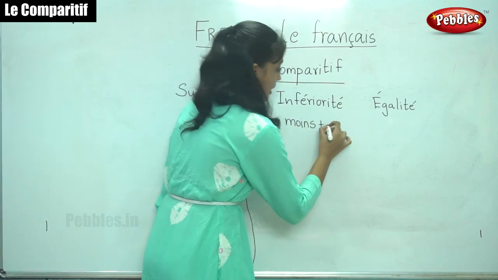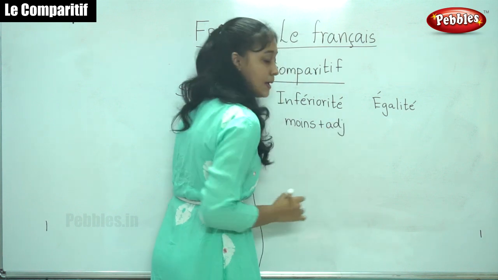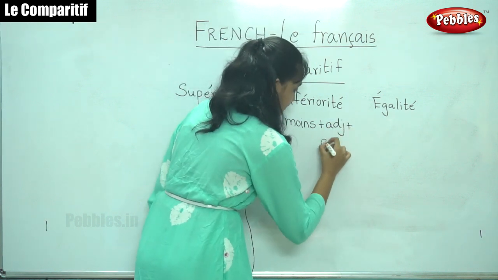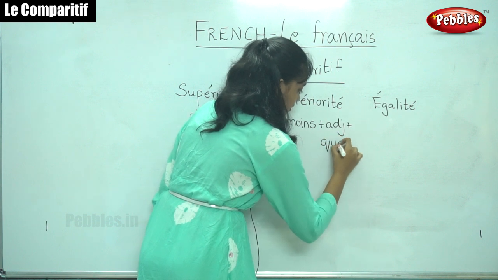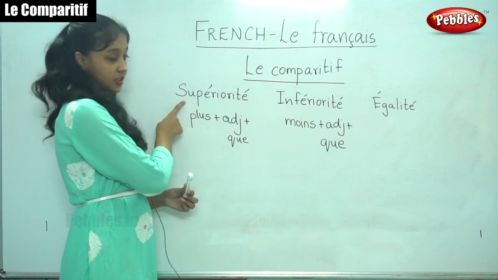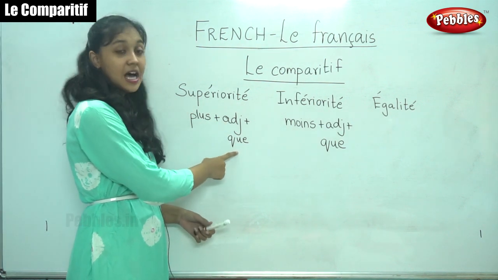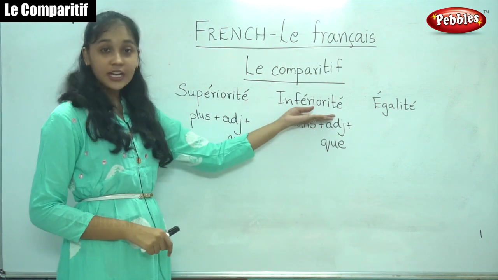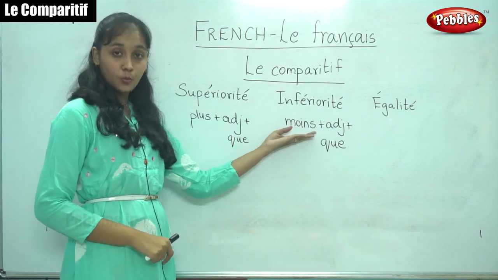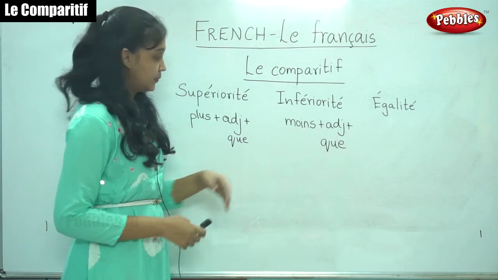Moins plus adjective plus que. So, it's very simple. To write superiority, we write plus plus adjective plus que. For inferiority, we write moins plus adjective plus que.